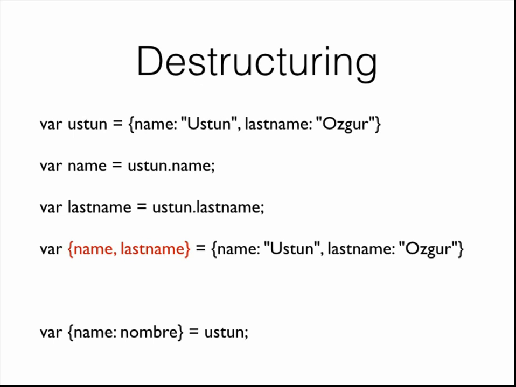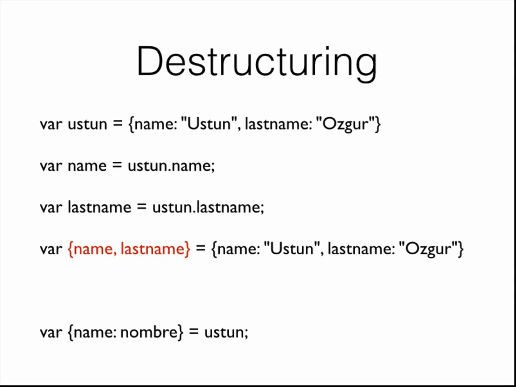So basically what Babel.js generates is, it saves it into a temporary variable called x. It says name equals x.name, last name equals x.last name. This thing is basically called destructuring because it takes a right-hand side, which is structured, destructures it, and rebinds it.